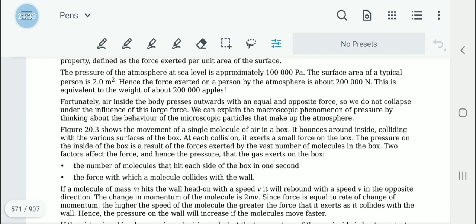Number one, a higher number of molecules hitting each side of the container. Number two, the increased force with which molecules collide with the walls.